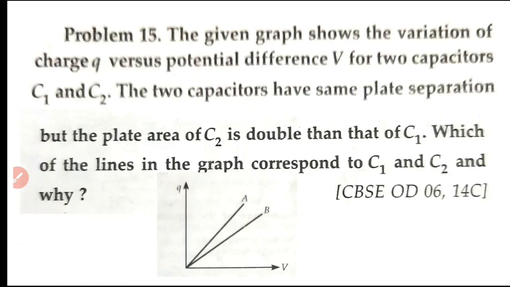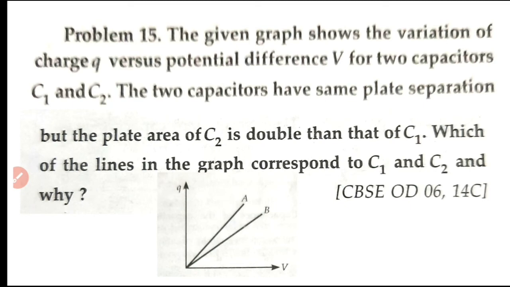Now the next question. The given graph shows the variation of charge Q versus potential difference V for two capacitors C1 and C2. The two capacitors have same plate separation, but the plate area of C2 is double than that of C1.